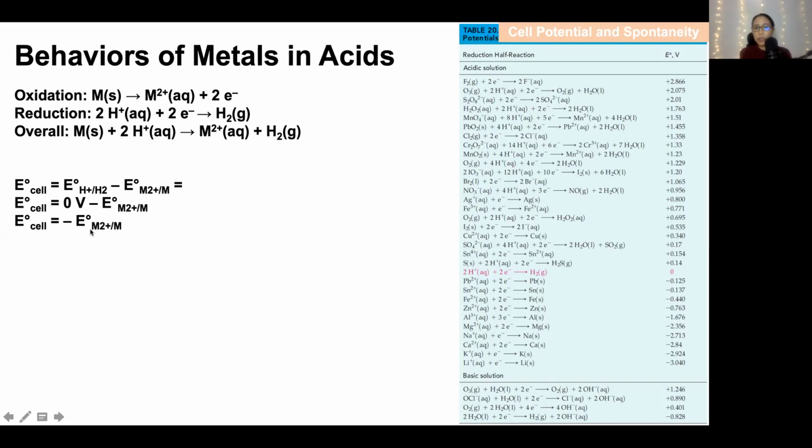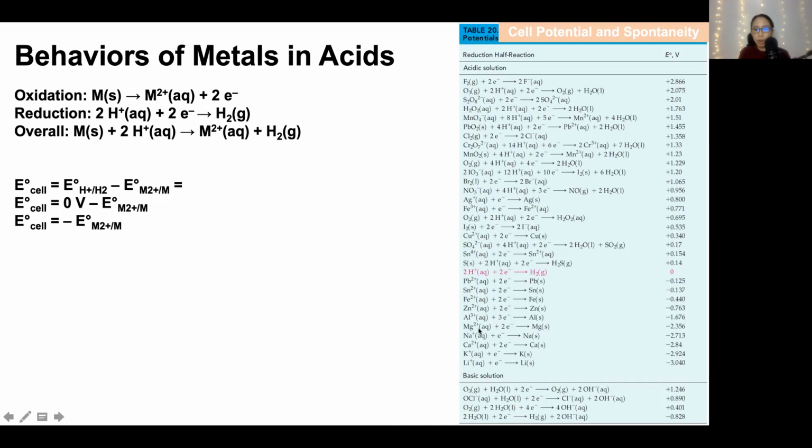So again, we are talking about behaviors of metals in acids, di ba? Since we have this formula for the standard cell potential of an acid reacting with a metal, this means that if we have, let's say, magnesium metal dissolved in acid, we know that it will dissolve in acid. It will react with acid. Why?